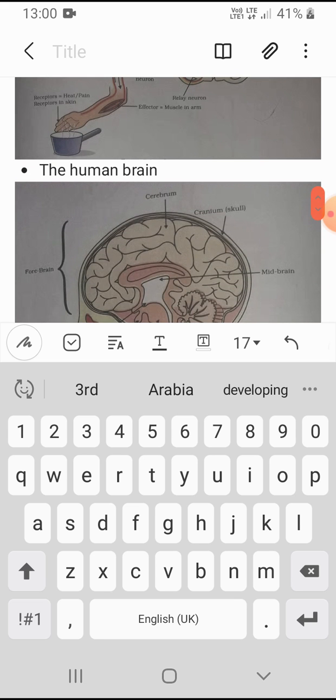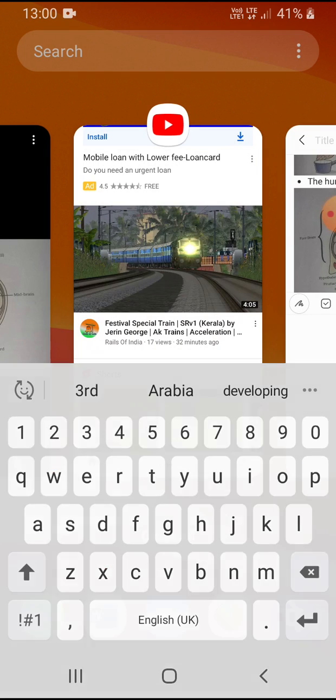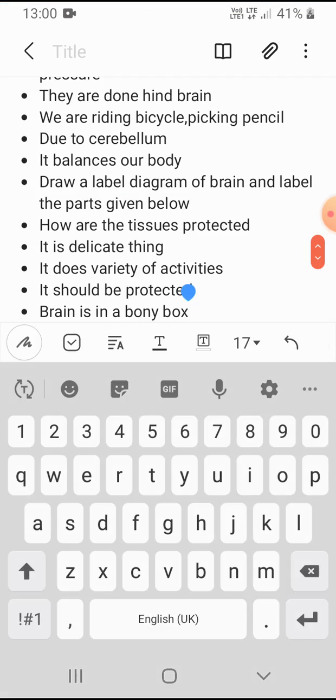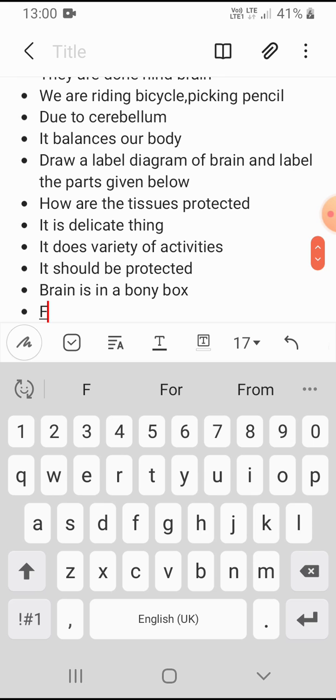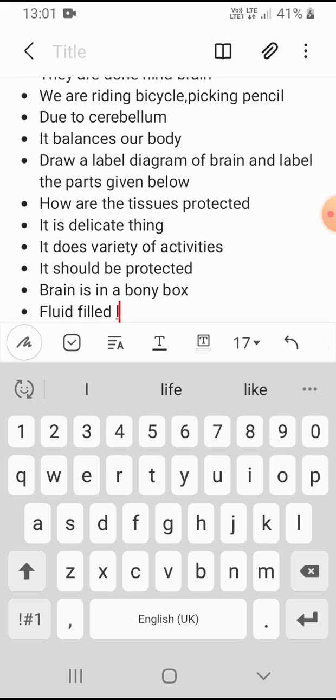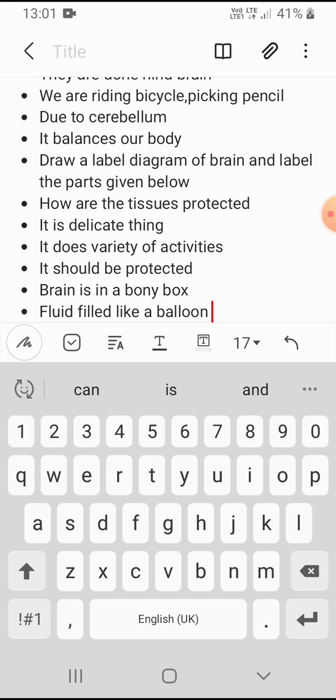See here, you are seeing the skull. It is like a bony box. Our brain is seated in a bony box. There is a fluid in that box, like a fluid-filled balloon.